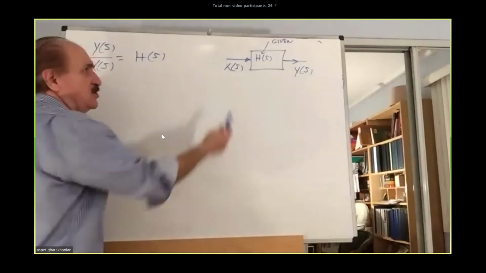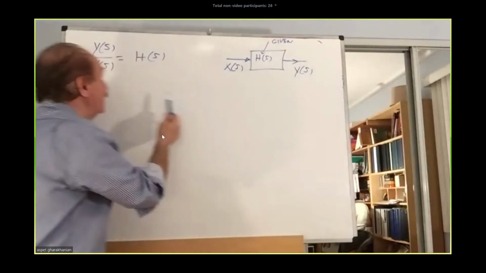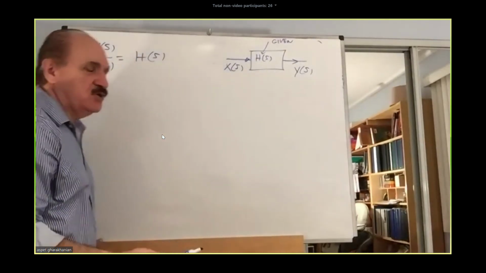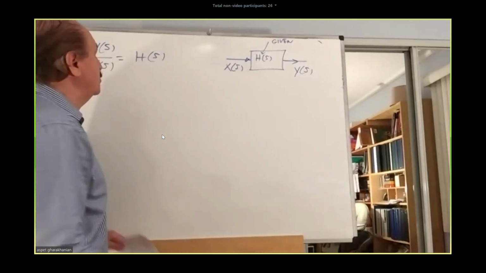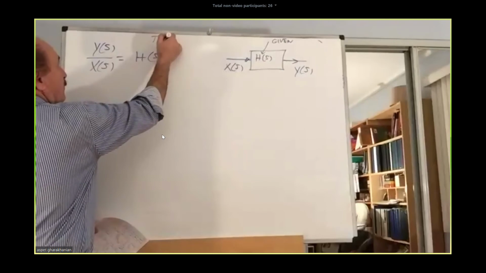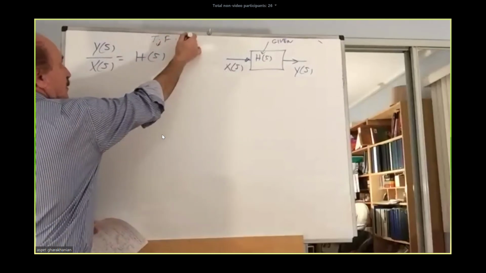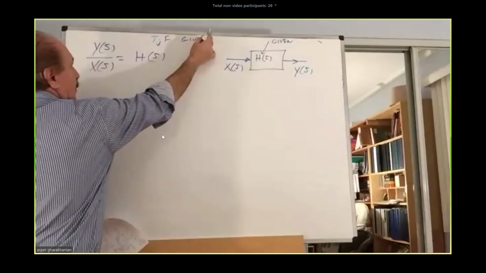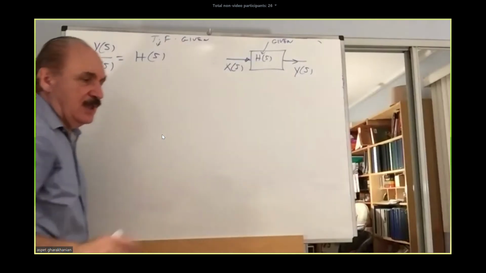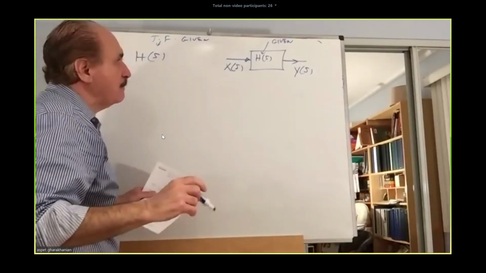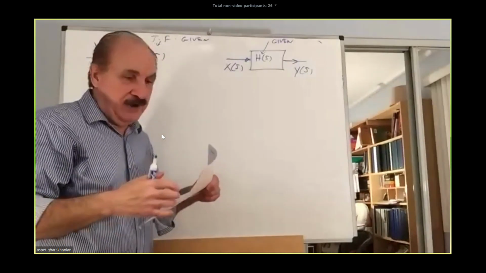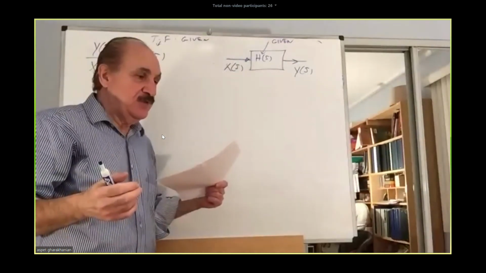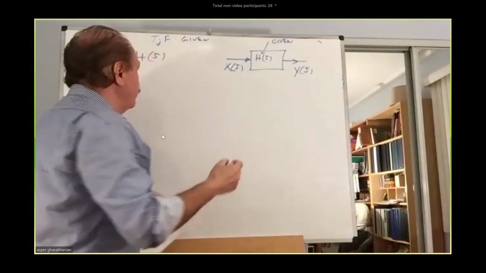Regardless, what is the shape of the waveform? Ratio of the two Laplaces is going to be a fixed function. That fixed function is called the transfer function given. Now, often systems are expressed by their impulse response.